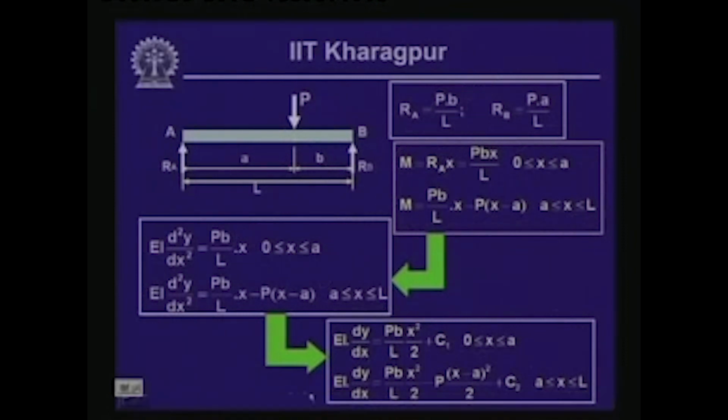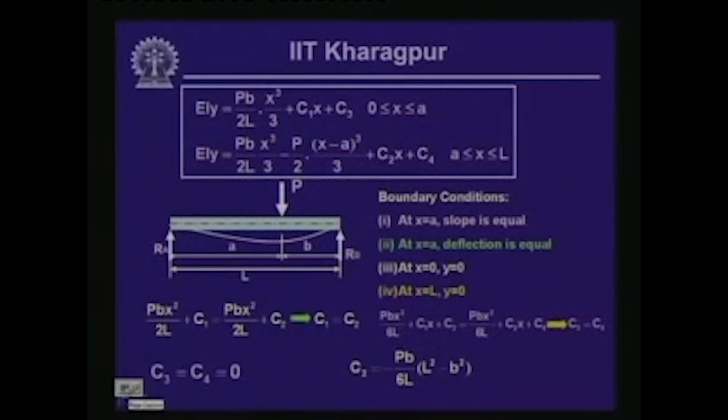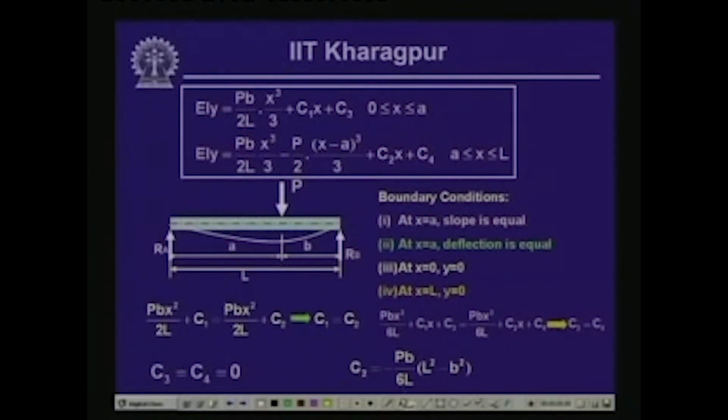Now, if we integrate these expressions further, then we will get the expression for y. On integration of the first equation, we get EI y is equal to Pb by 2L times x cube by 3 plus C1 x plus another constant which we have called C3, and the validity range of x is between 0 and a.